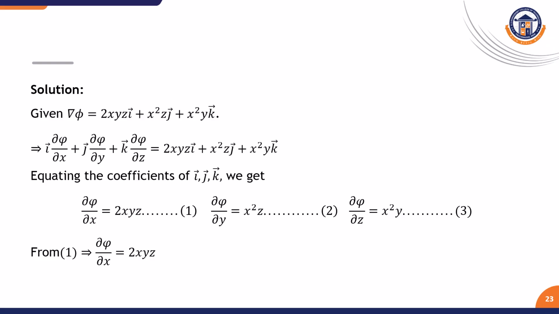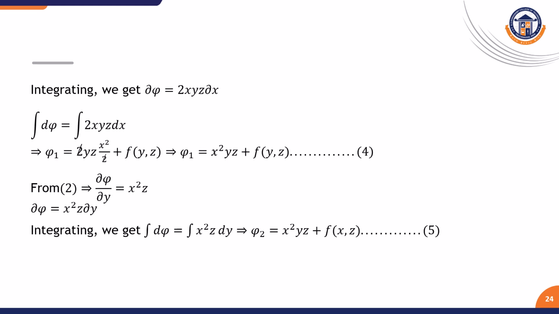From 1, dou phi by dou x equals 2xyz. Then we write the phi term on the left hand side and the x term on the right hand side, and integrate on both sides. We get phi 1 equal to x squared yz plus some constant, but we write the constant as f of y comma z because this integration is with respect to x.